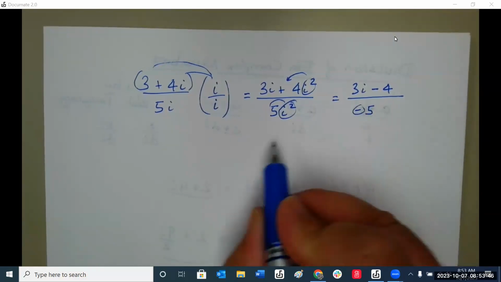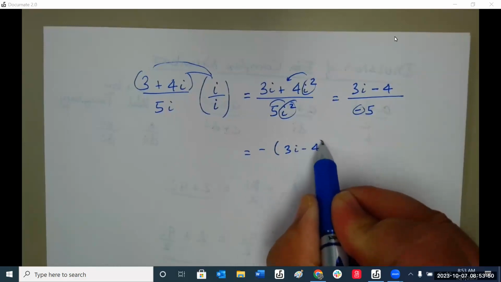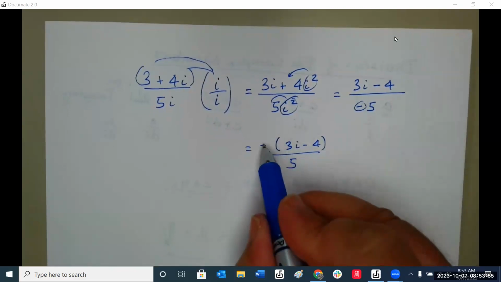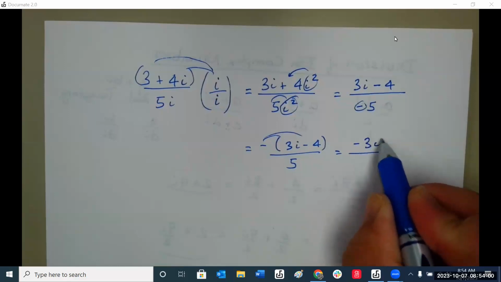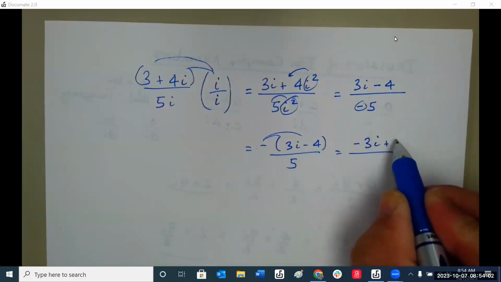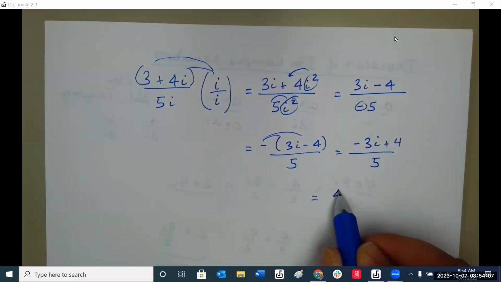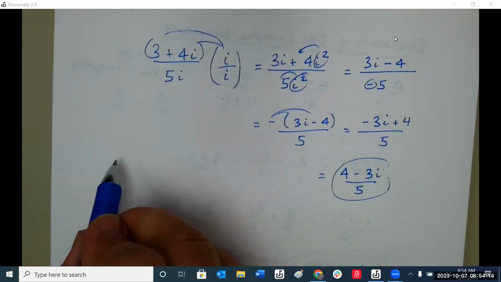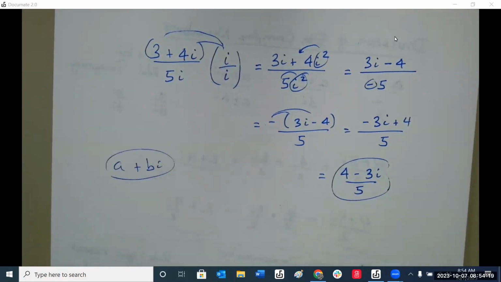All right, now this negative sign goes up on top. And it changes negative 3i. Negative times negative is a positive 4. Because you typically want to have the real number in front and the imaginary number in back.